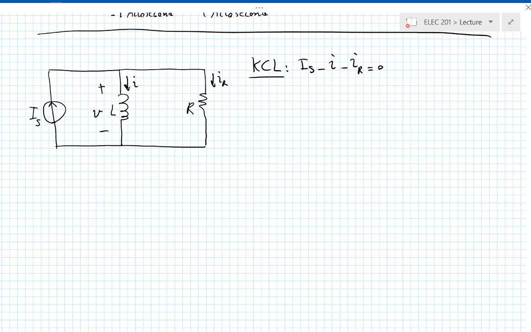We just saw that if the inductor took any sudden jump in the current, it doesn't have to be IS, even if it was 1/1000th of IS, if it was a sudden, perfectly vertical jump, it required an infinite voltage, right?